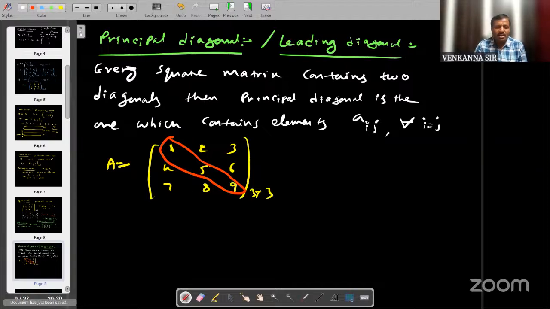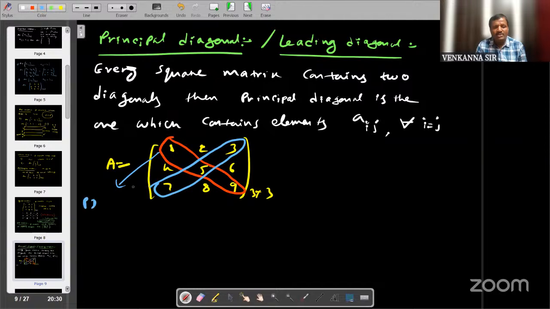Actually this square matrix has two diagonals. What are the two diagonals in this square matrix? The other diagonal is 3, 5, 7. Of these two diagonals, which one is called the principal diagonal? The red shaded one is the principal diagonal.